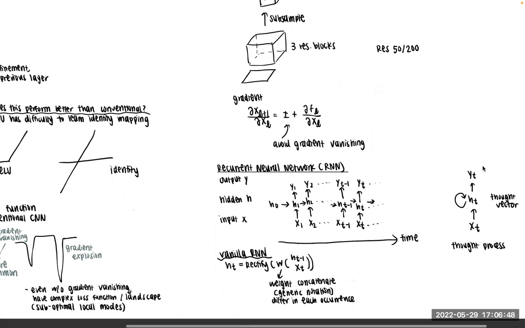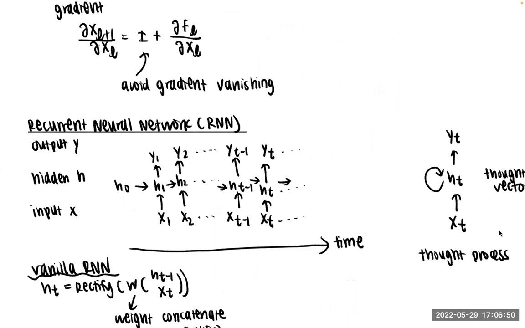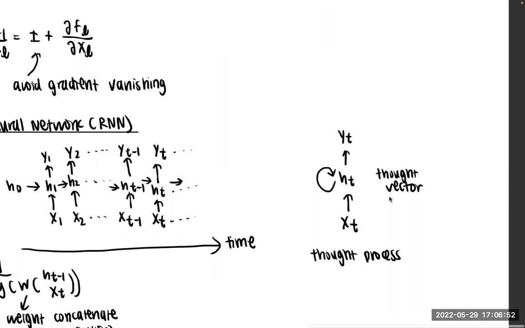Okay, so here is the plot. So that is this thought vector, right? This thought vector keeps thinking about itself. It receives input not only from xt, but also receives input from the value in the previous time step. So this is the process. And if you use continuous time, it is very much like a differential equation.